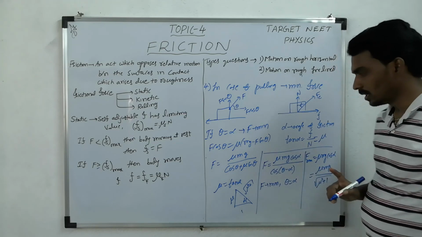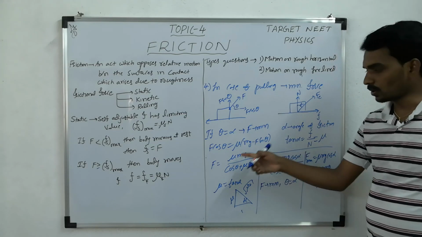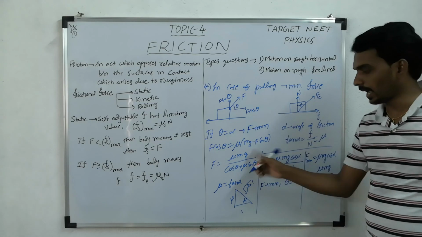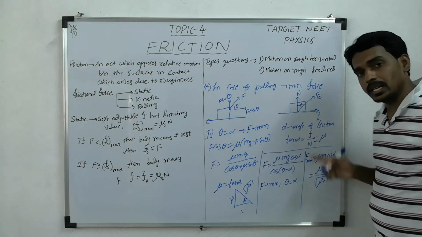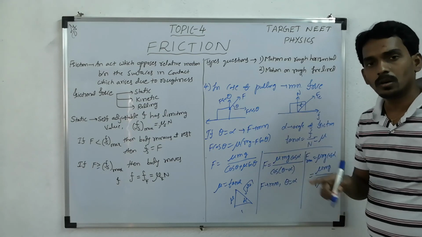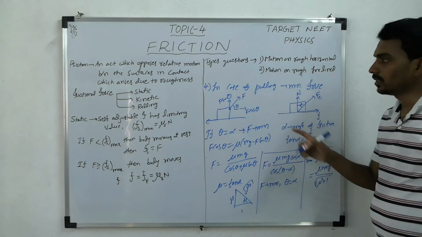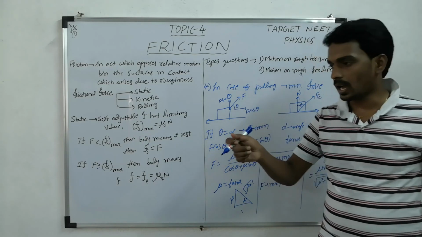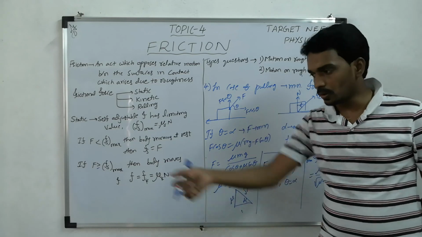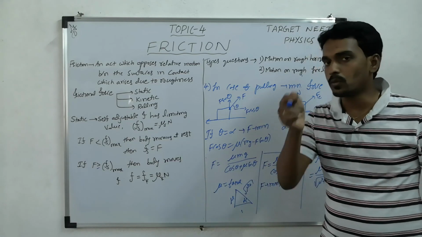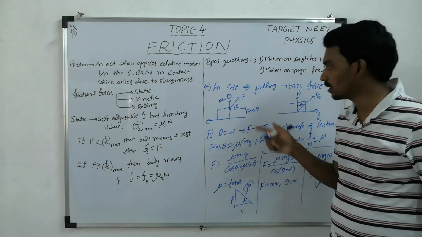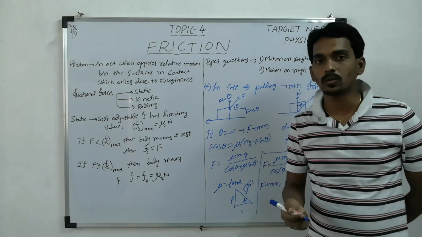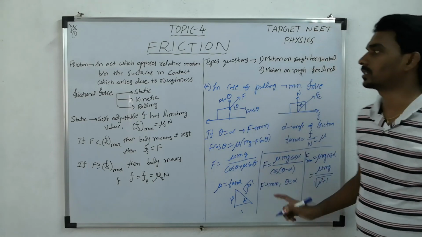So what is this? This is the general force required to pull the body at any angle. But this is the minimum force required to pull the body. And to get that condition, to apply minimum force to move the body, at what angle do you have to apply the force? At an angle exactly equal to the angle of friction.